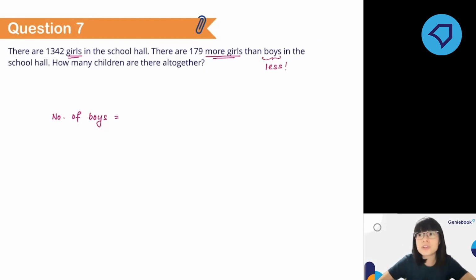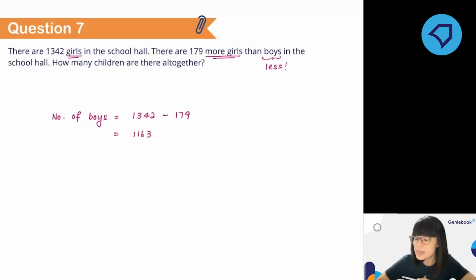So in order for you to find the number of boys, we need to do subtraction. Yeah, so you need to take 1,342 minus 179. Minus away the extra number of girls. Once you do your subtraction, can anybody tell me what is 1,342 minus 179? Yes, we have 1,163. Ming Chong, thank you very much.